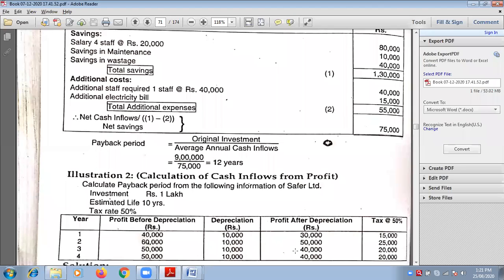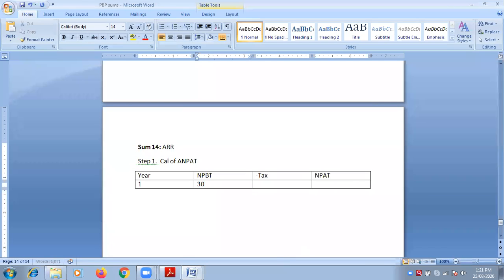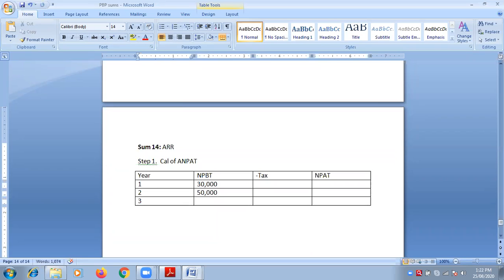30, 50, 40, 40. These are 4 years net profit.